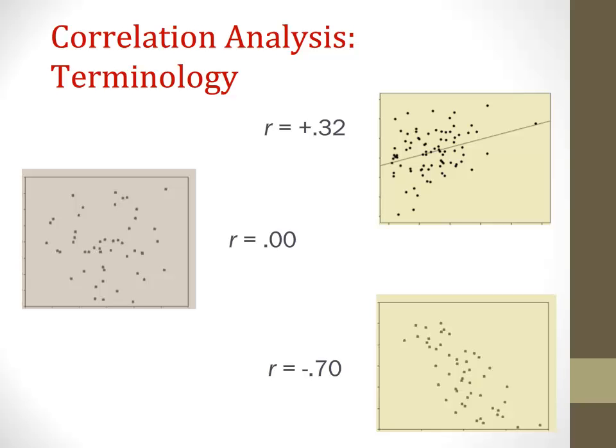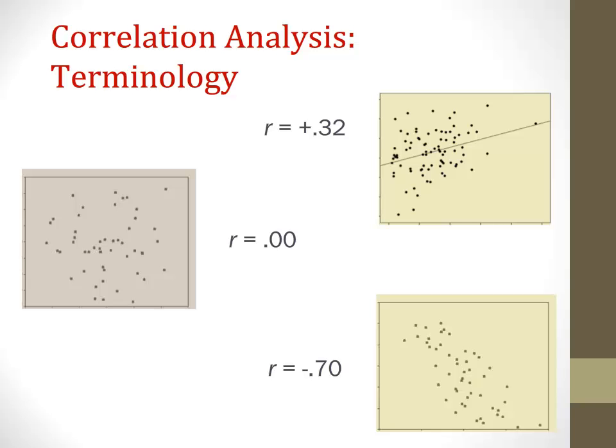You probably said the bottom one, and that's right, because r equals negative 0.70 is actually stronger than a Pearson's r of positive 0.32. This is because a negative 0.70 is much closer to 1, specifically negative 1, than a positive 0.32. Actually, the positive 0.32 is closer to 0 than the negative 0.70. So the 0.32 represents a weaker correlation, and a negative 0.70 represents a stronger correlation.